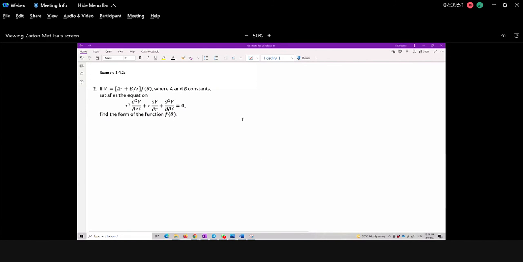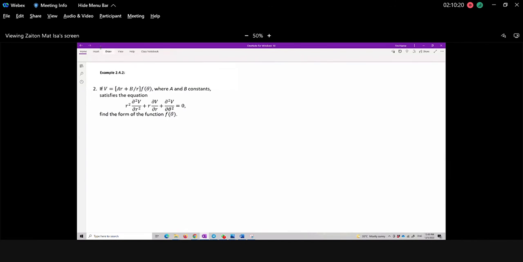Example 2.4.2, number 2 here. If V equals to blah blah blah, A, B constants, satisfy this equation, find the form of the function f theta. So f theta here.